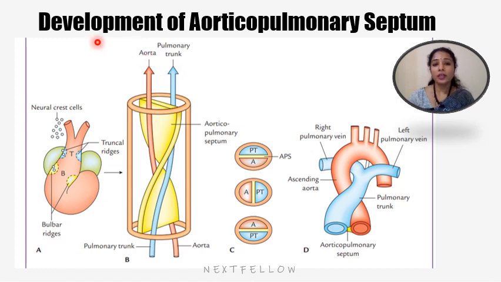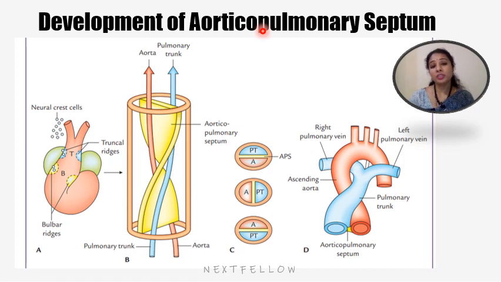Next, about the development of the aorticopulmonary septum, how the aorta and pulmonary trunks are separated. It is separated by a septum which is spirally twisted, so it is called the spiral septum. The partition of truncus arteriosus and bulbus cordis, that septum, is called the aorticopulmonary septum, which develops from truncal ridges and bulbar ridges derived from the neural crest cells of mesenchyme.